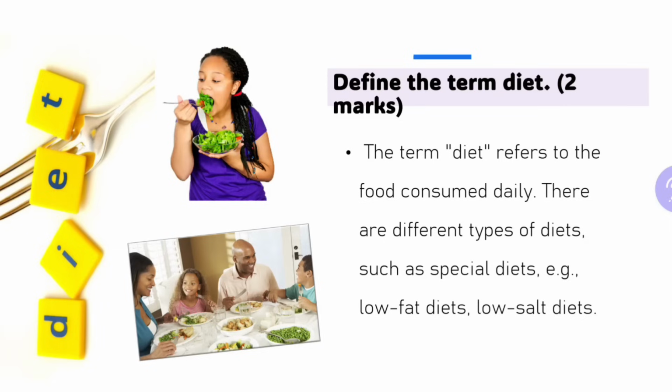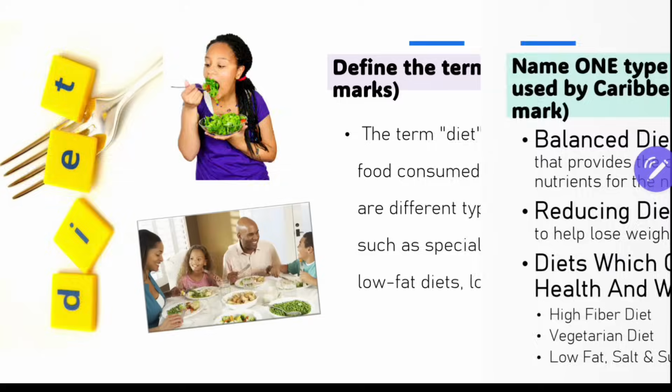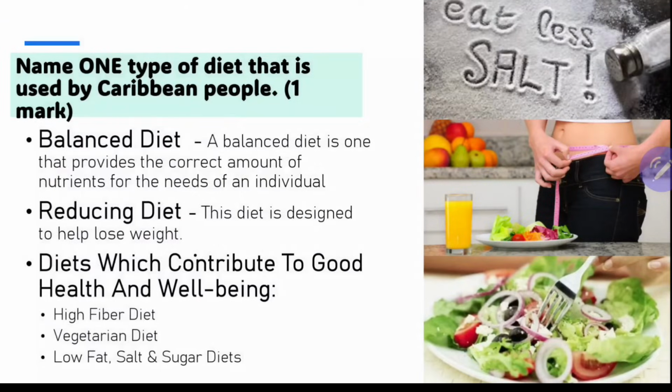You'll get a mark there, and then continuing to say there are different types of diets, such as special diets, example low fat diets or low salt diets, right? So giving examples, right, or telling that there are different types, that's how you can maximize your potential of getting the full 2 marks.